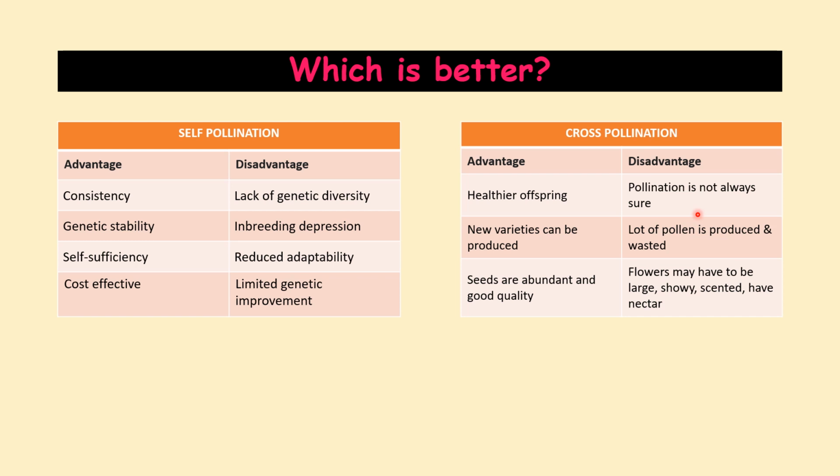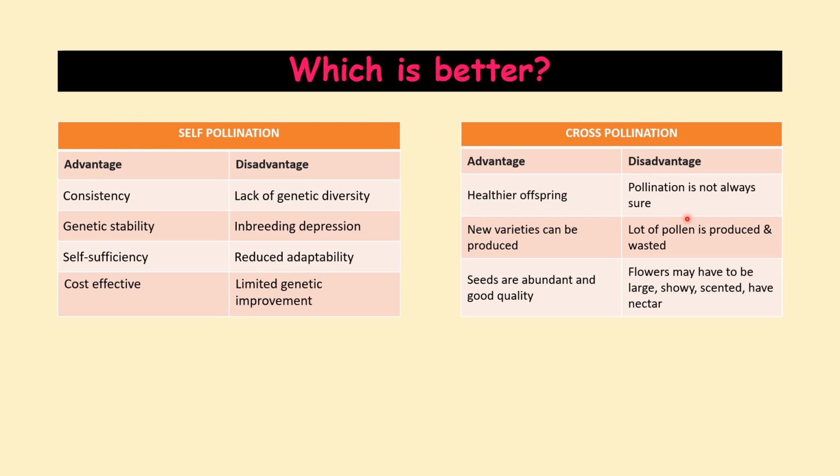However, the disadvantage again is that we are not sure whether pollination will happen or not, because it is dependent on an agent, and it also depends on other environmental criteria which will help the pollen to get transferred to the stigma.